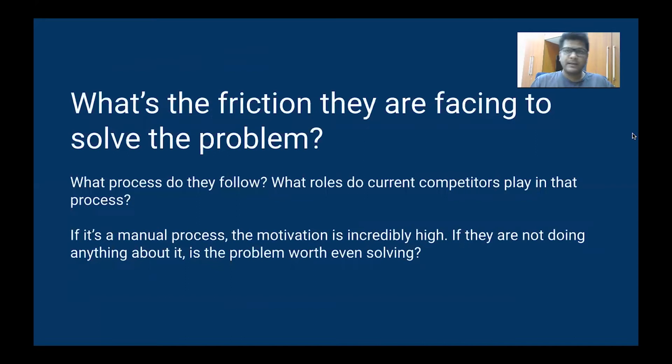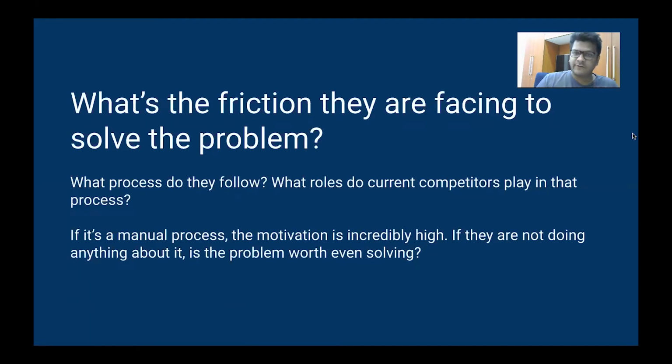So in the previous slide, I talked about the friction, what motivates these customers, and then the friction in actually achieving that motivation. And you need to realize what's the friction they're facing to solve the problem. And to really unpack this, you need to understand the process that they follow.